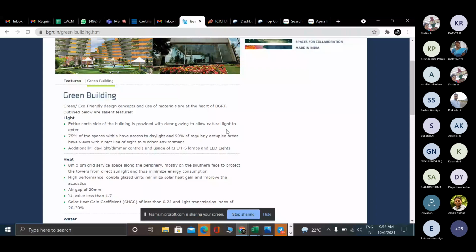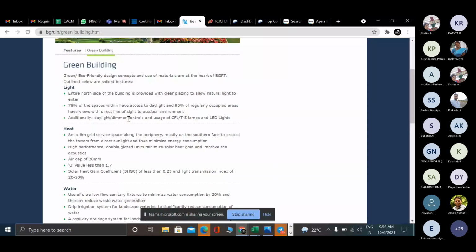And 75% of the spaces will have access to daylight, and 90% is the maximum space having daylight access. And 90% of the regularly occupied areas have a direct line of sight to the outdoor environment, so the people can comfortably have a view of the outdoors. So employee productivity will also be very good.